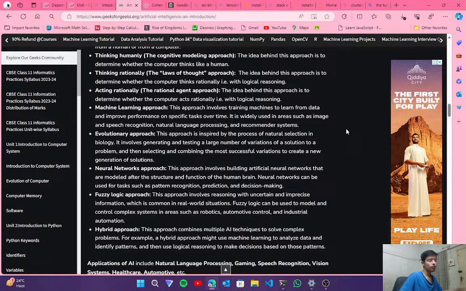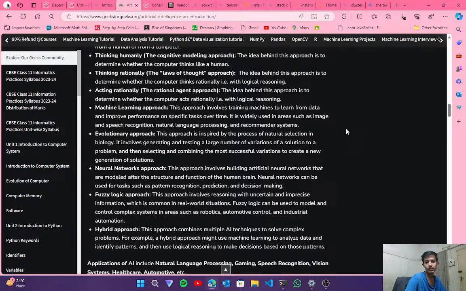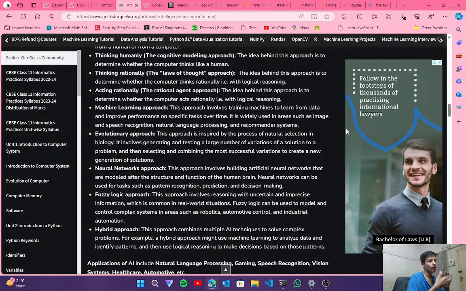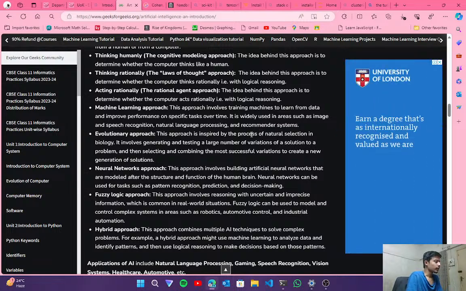Machine learning is usually used for recommendation systems, for example, a stock exchange recommendation system, or a recommendation system for a food ordering site that recommends new food based on your previous likes and what has a similar taste, or what appeals to your taste buds, or maybe something new now and then. It is widely used in areas such as image and speech recognition, natural language processing, and recommender systems.